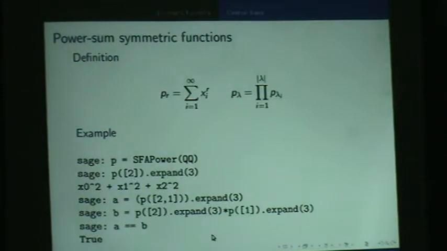But as I said before, the basis elements for this algebra are indexed by integer partitions. So how do we get the element corresponding to an integer partition lambda? Well, we just take all the parts of the integer partition and multiply all of the p sub lambda i's together. And so that's how we'll get a power sum symmetric function.